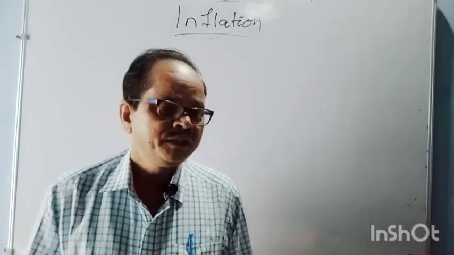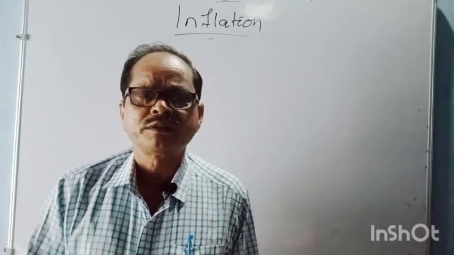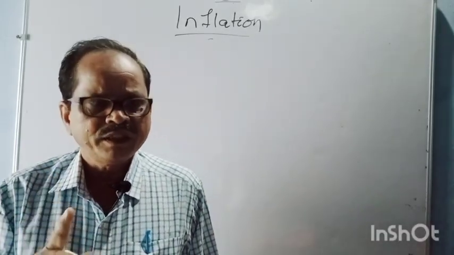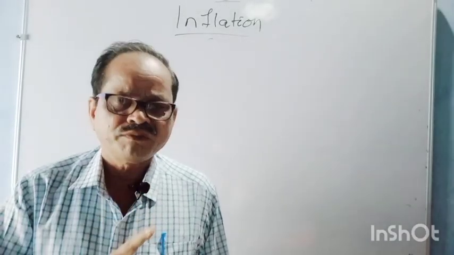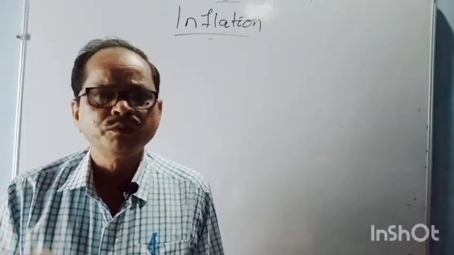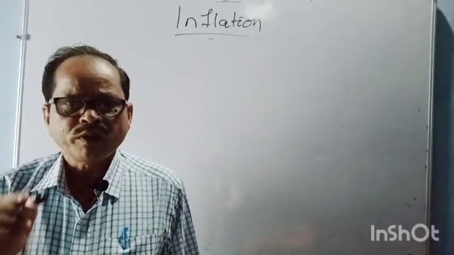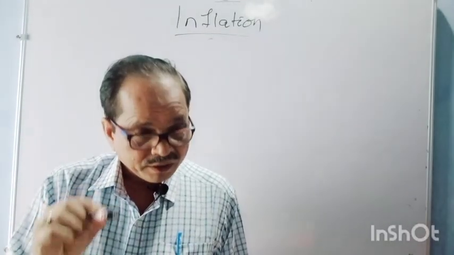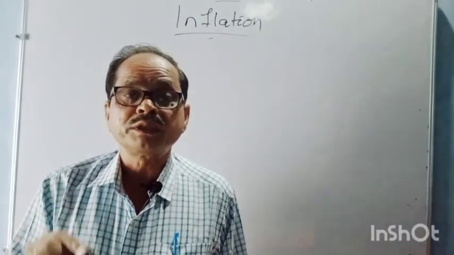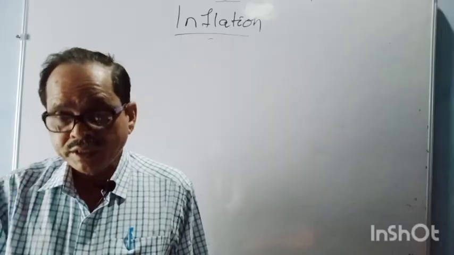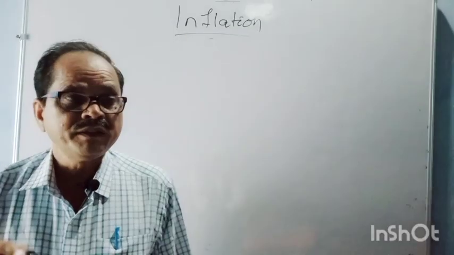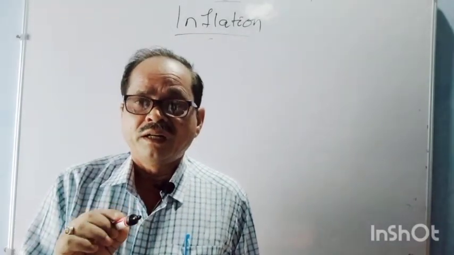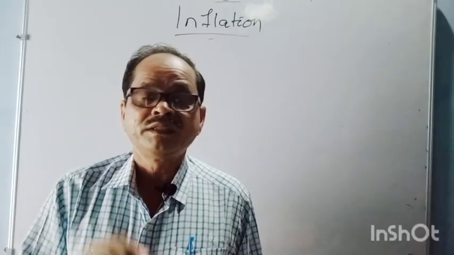Suppose last month the cost of a thing was 5 rupees, and with 20 rupees we could purchase 4 things. But due to the price rise, this thing now costs 7 rupees, and with 20 rupees we can purchase only 3 things.